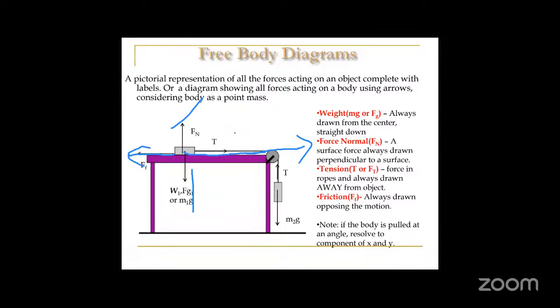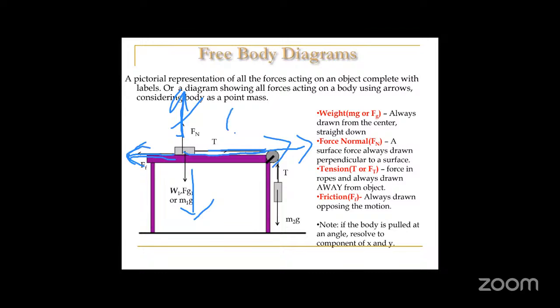Now, according to Newton's first law, the force acting upward is balanced by the force acting downward, and the tension acting to the right is balanced by the frictional force acting to the left.